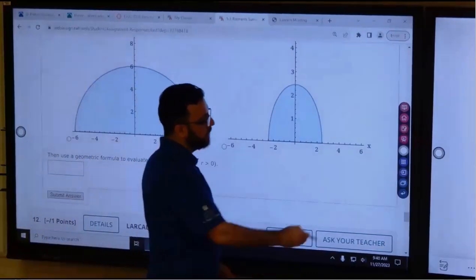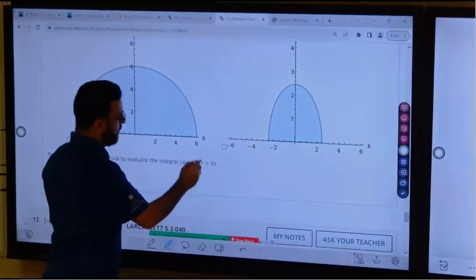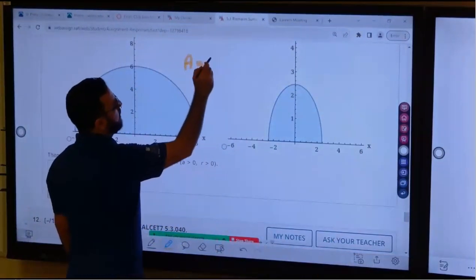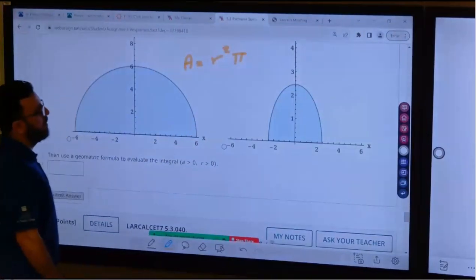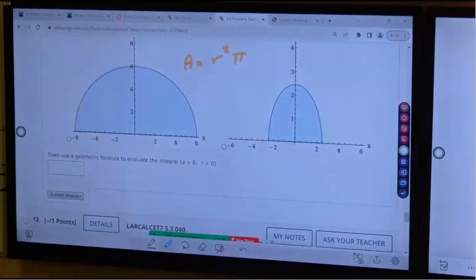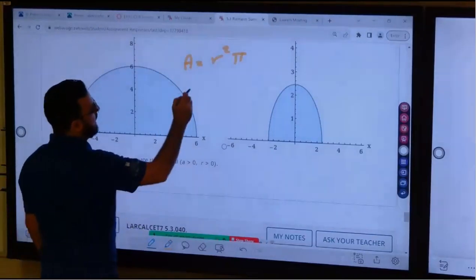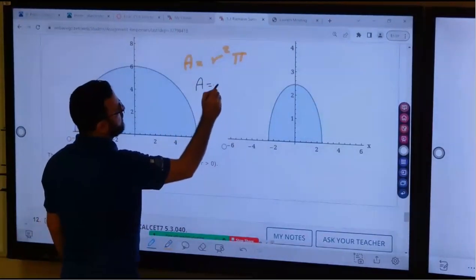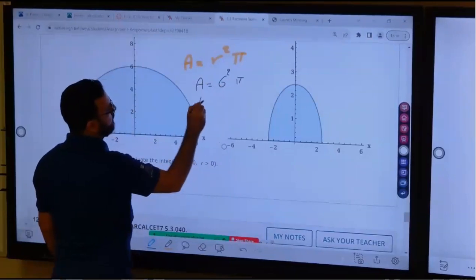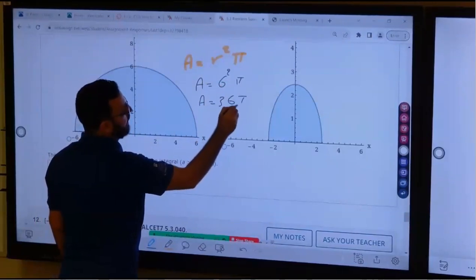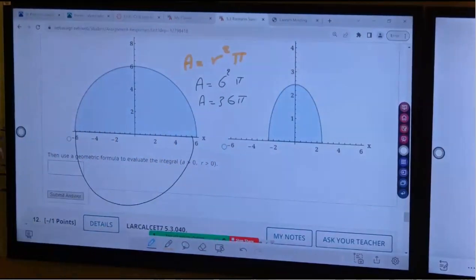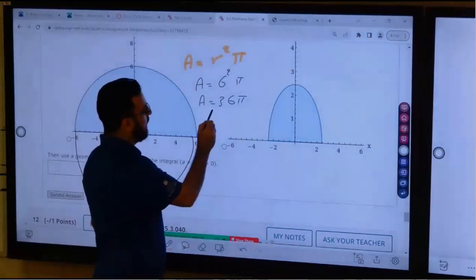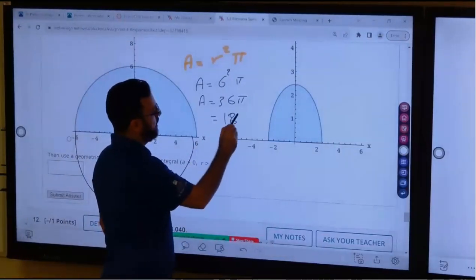So the area is 6 squared pi, and be careful, area equals 36 pi. This is if we have a full circle. I need to find half of the circle, so we're going to divide it by 2, so it's going to be 18.